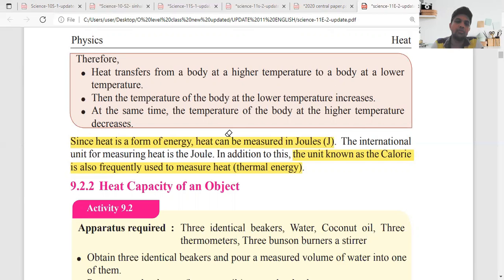The international unit for measuring heat is joule. In addition to that, calories are also frequently used in measuring heat or thermal energy. Other than that, in our day-to-day life and in some laboratories, we also use calories.